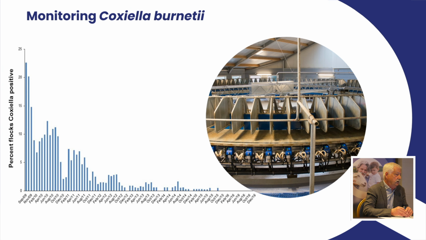You see the left bar on this picture is September, October 2009, almost 24% of the herds and flocks being PCR positive. It went down after vaccination in a dramatic way, and since 2016 we have never found PCR positive bulk milk tank results since then.